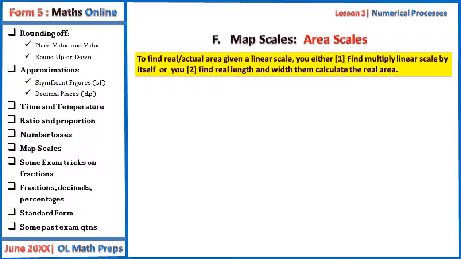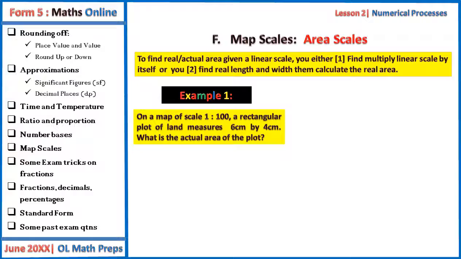Know that area is length times width for short, depending on the shape. So if I am giving an example like this one, example 1, on a map of scale 1:100, a rectangular plot of land measures 6 centimeters by 4 centimeters. What is the actual area of the plot?